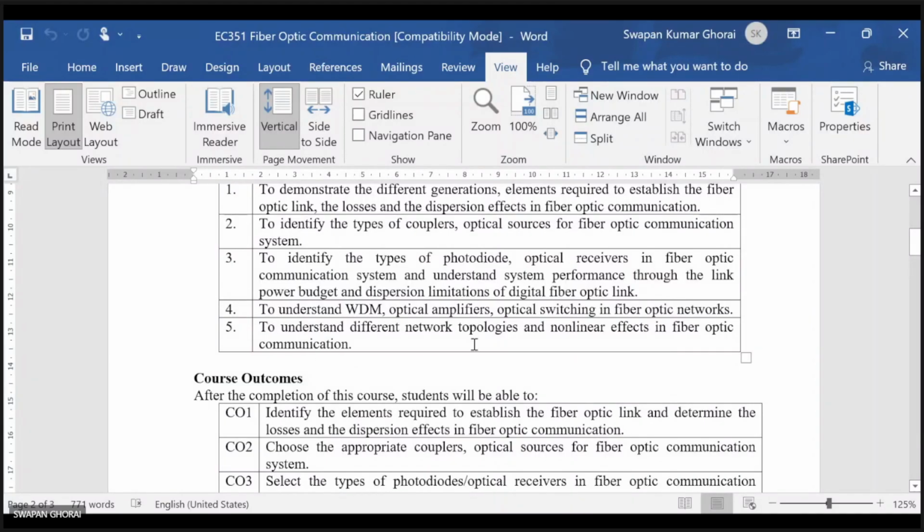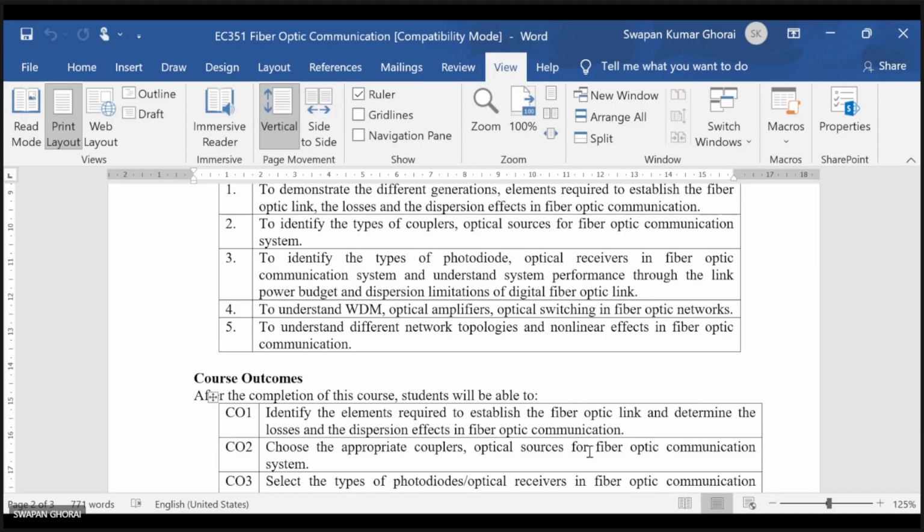After studying all those things, you'll be able to identify the elements required to establish a fiber link, and you can also determine the loss. Suppose we have designed a fiber system for a certain distance with a certain number of components: splices, connectors, and typical sources, say an LED source or a laser source, or a typical fiber.